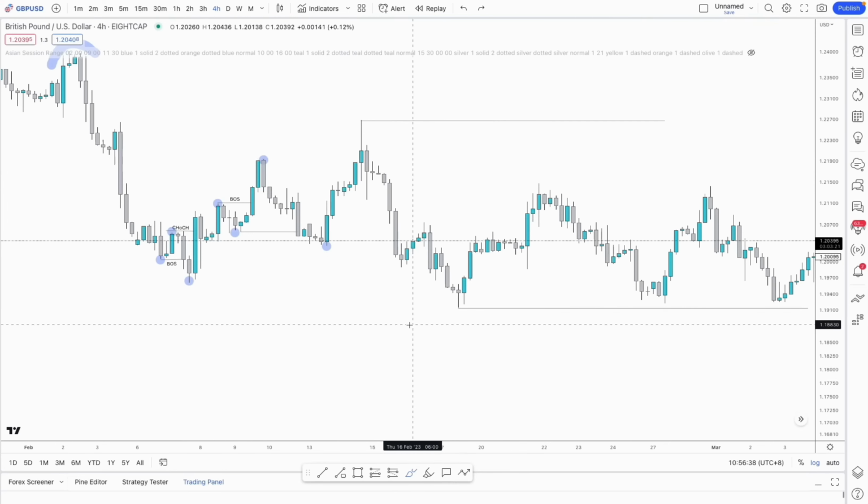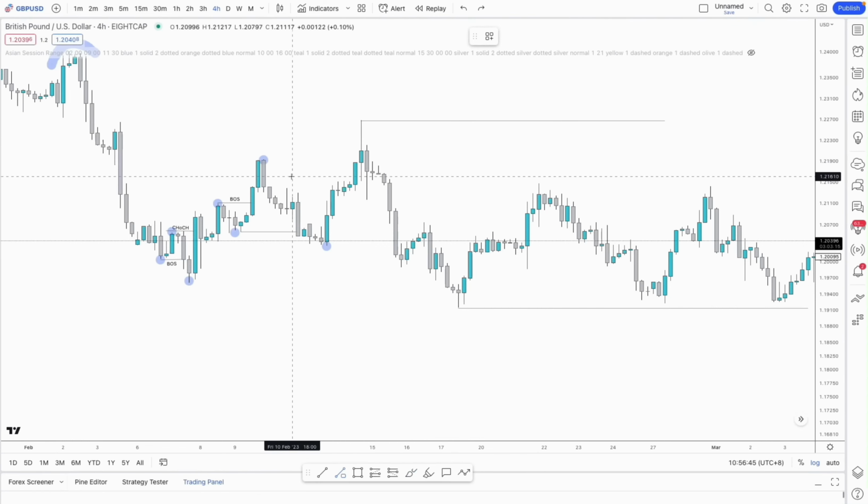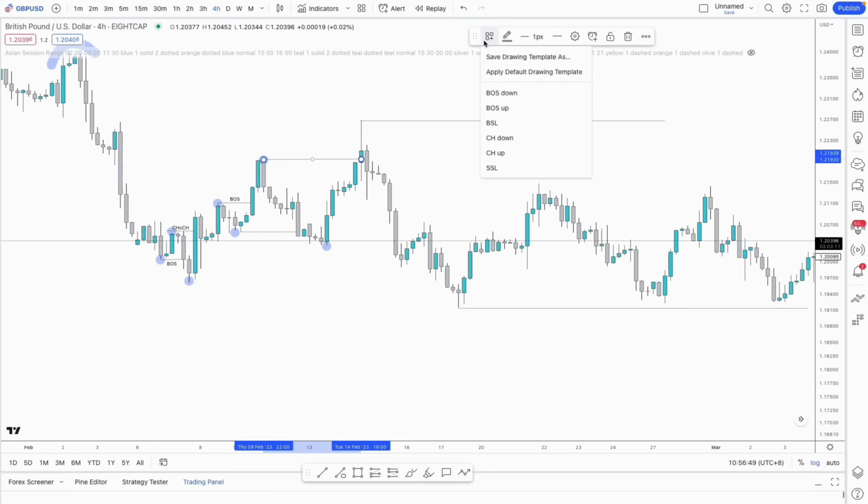However, in this scenario, for whatever reason, possibly a news event as it looks like, we've had a huge run on liquidity. So we've actually had another change of character. And this is why we say that nothing is confirmed until it is confirmed. Essentially, change of character is phase one, but you need an additional break of structure for a phase two confirmation.